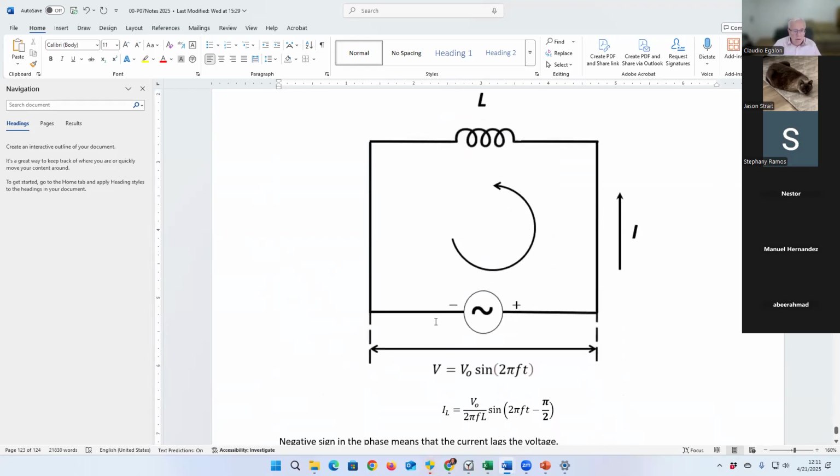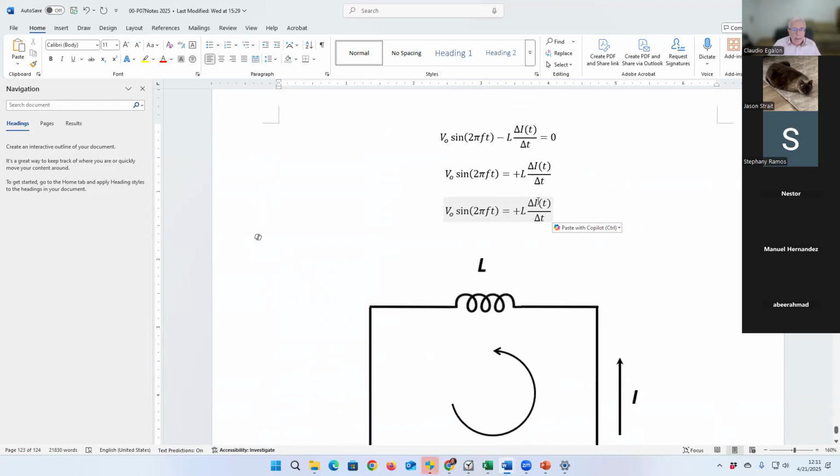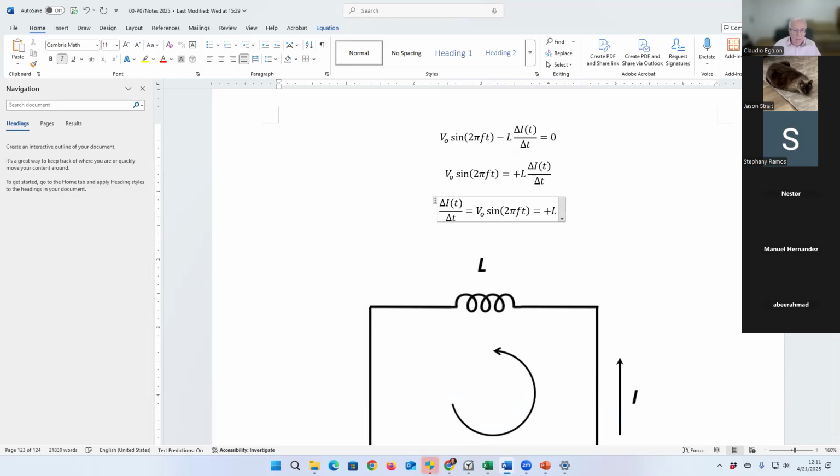We get delta I over delta T is V naught over L. From this relation there's no negative sign, right? So what does it mean? It means that delta I over delta T is in phase with the voltage.